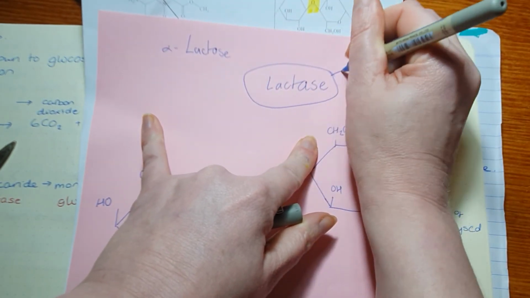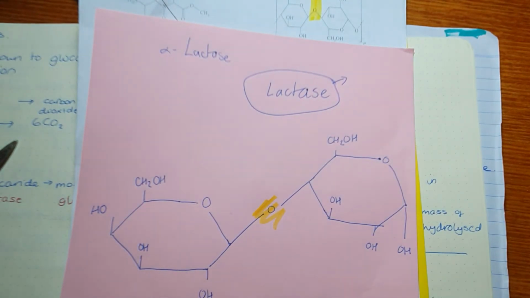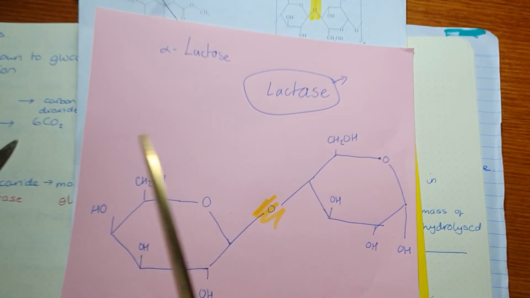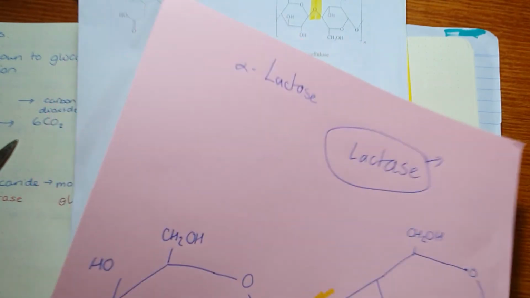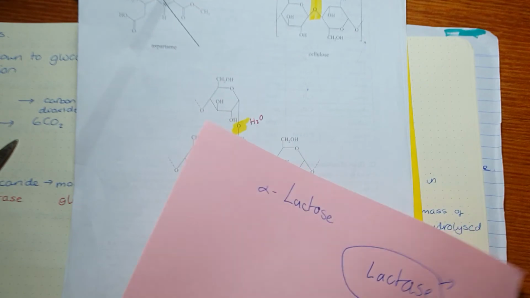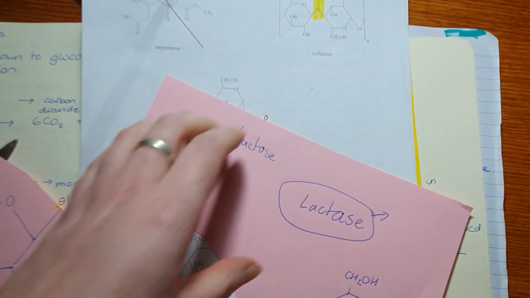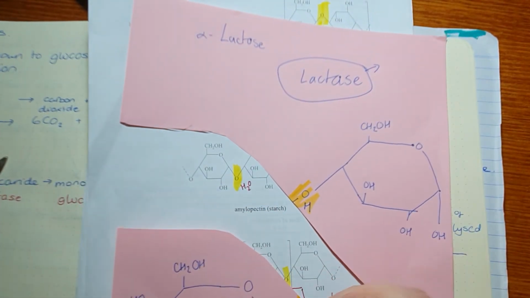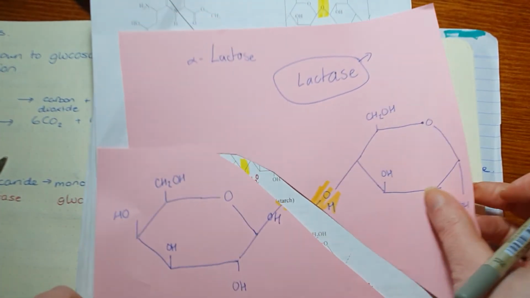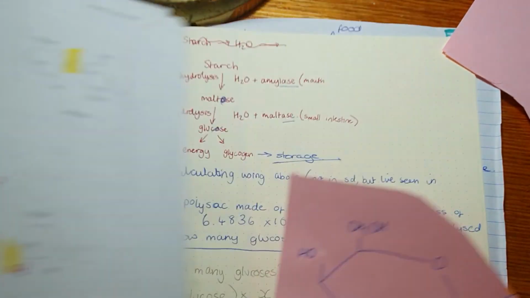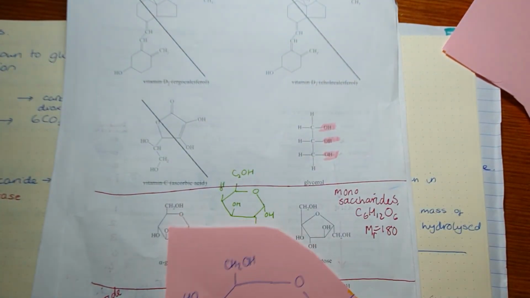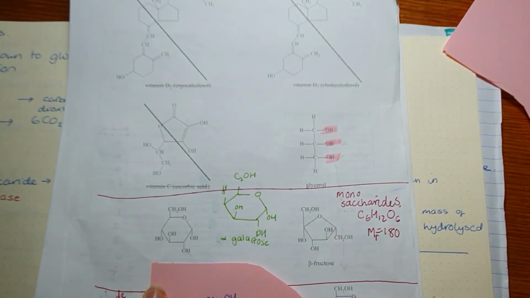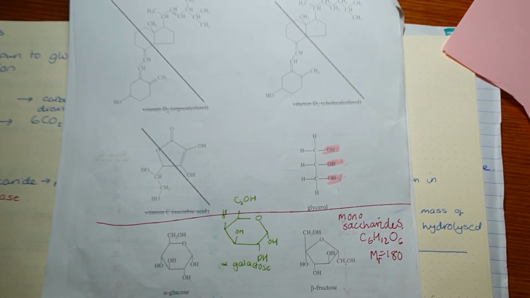So lactase is our enzyme. Lactase looks surprisingly like one of my other enzymes, but lactase will come along, break it up, add some water, and now you've got glucose.